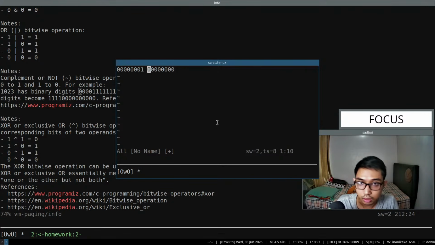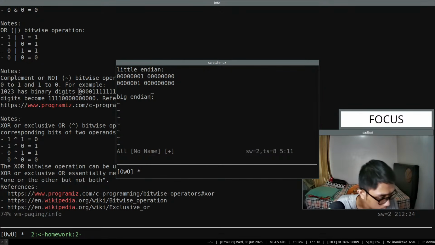Okay, this is 8 bytes, right? And then if we do, what is it called, a left shift, something like this, right? This is the little endian, and this is the big endian.